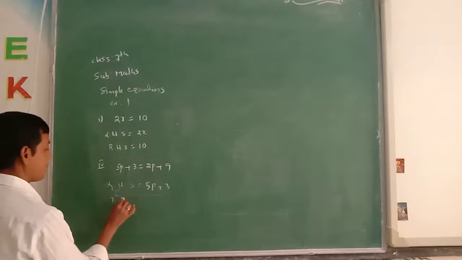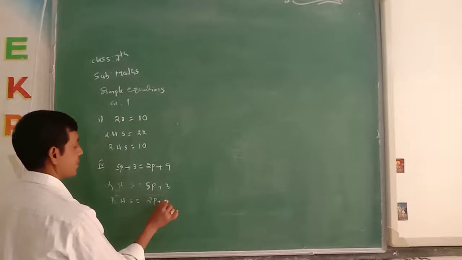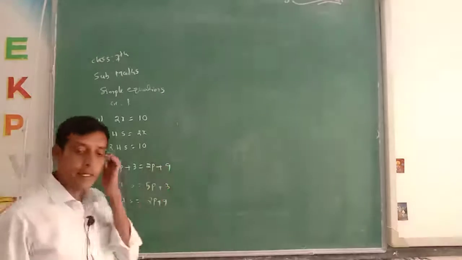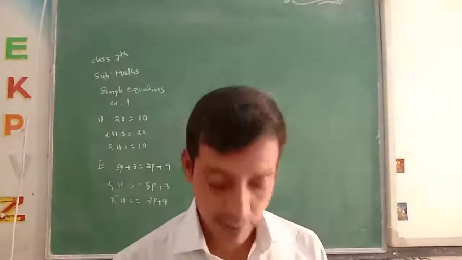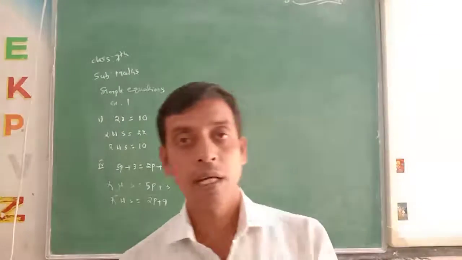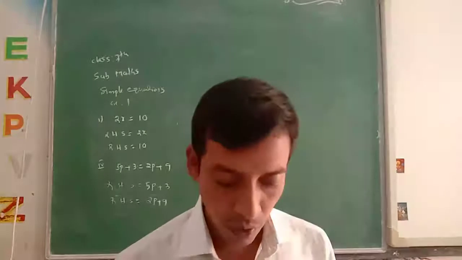RHS is 2p plus 9. So this is the left hand side and this is the right hand side. Okay? Next. This is Exercise 1, first bit. For every remaining problem, read the LHS and RHS. We have 8 problems. I did 2, and the remaining 6 are homework.